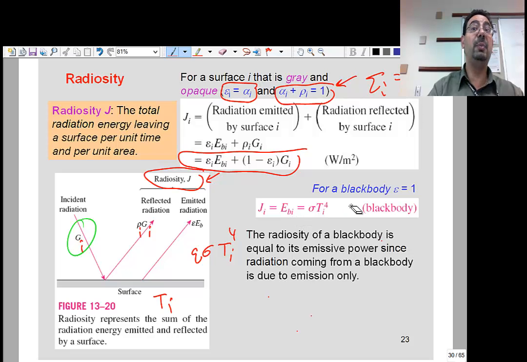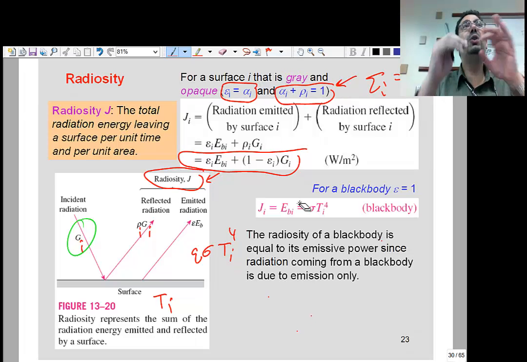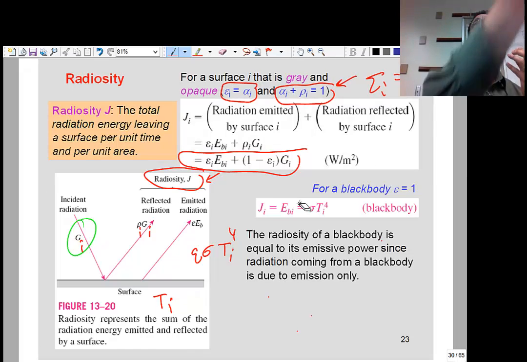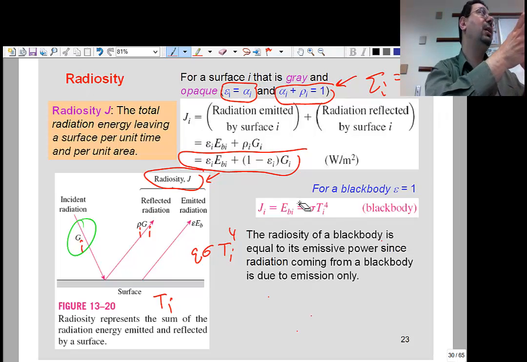But if epsilon is not 1, if you are not a black body, J I will not be E b I. Will it be bigger or smaller? Excellent. J would be smaller than E b I. So you have the black body radiation, but your epsilon is kind of a resistance to radiation. It tells you that no, you will not be radiating like a black body.